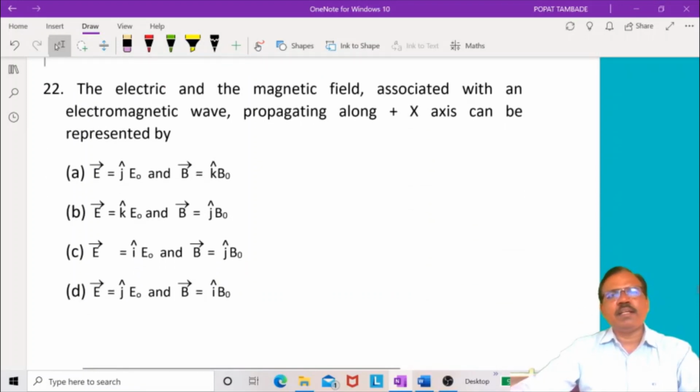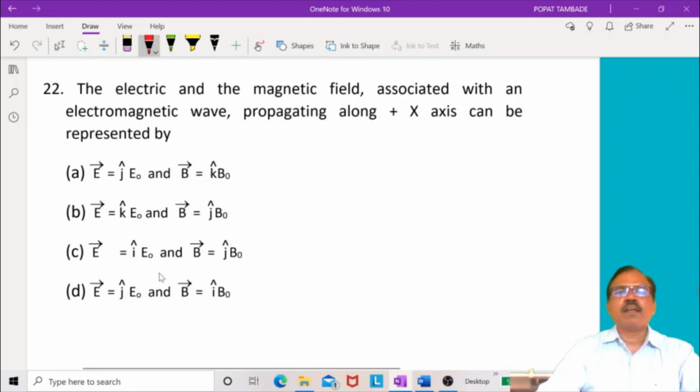The electric and the magnetic field associated with an electromagnetic wave propagating along the plus x-axis can be represented by.